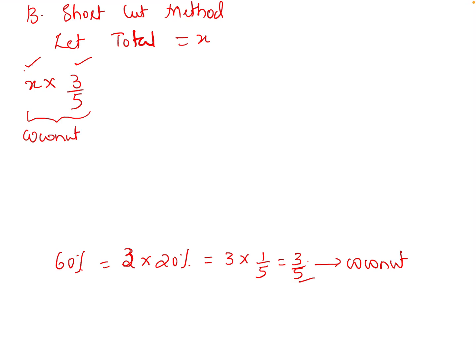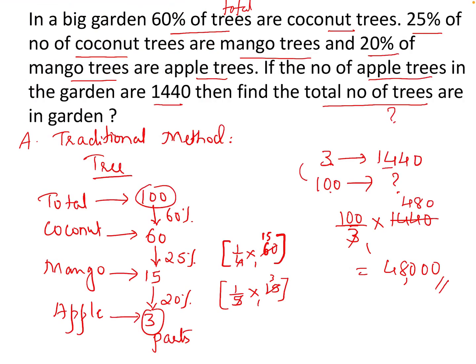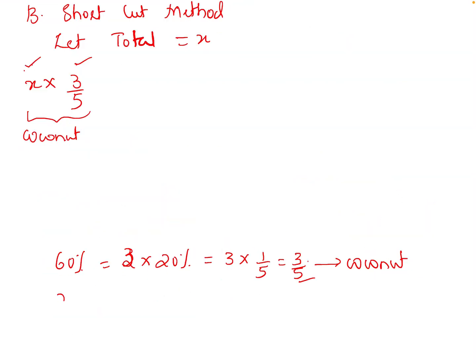Now mango trees are how many? Mango trees are 25% of coconut trees. So 25%, we know it is directly 1 by 4. So I'll write it into 1 by 4. This will give me mango trees. 25% of coconut trees are mango trees.